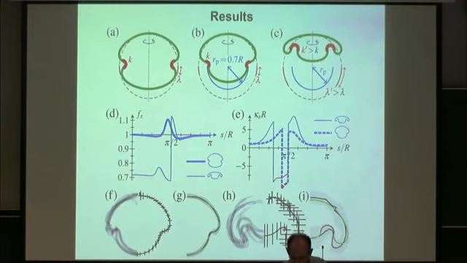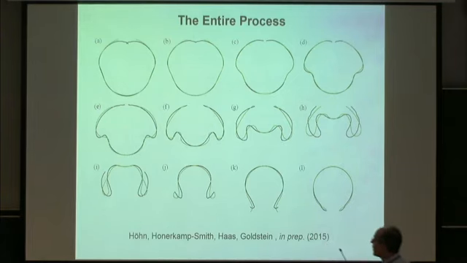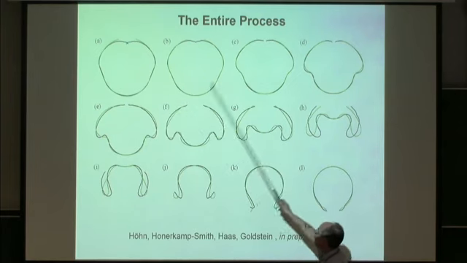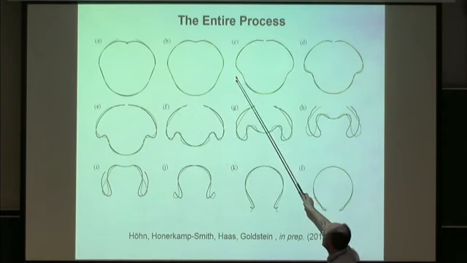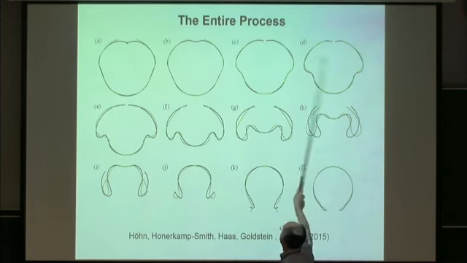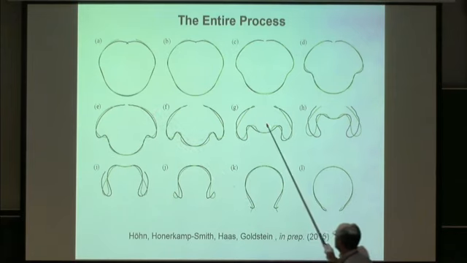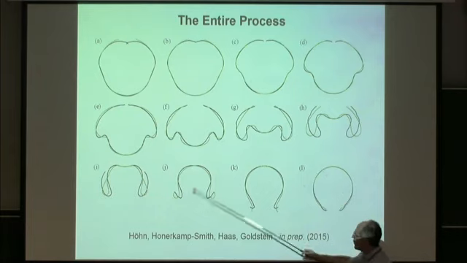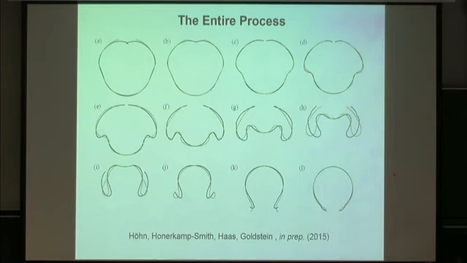Now, if you go further along in the process, this is now the latest results in which we have many, many embryos, and we've averaged over all of them. The black shows the average shape, and as you see, there's a pretty well-defined average process of posterior moving up and the rest folding back. And by fiddling with these parameters, you can actually get a reasonable accommodation of the whole thing.